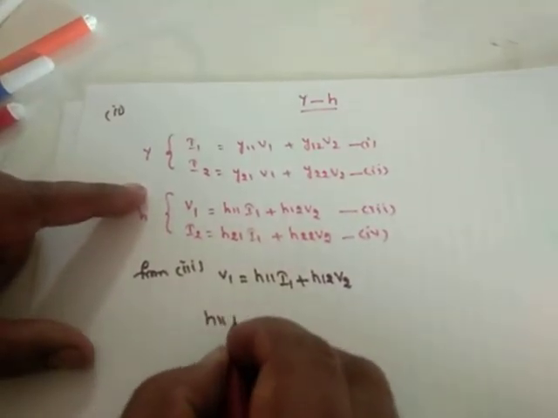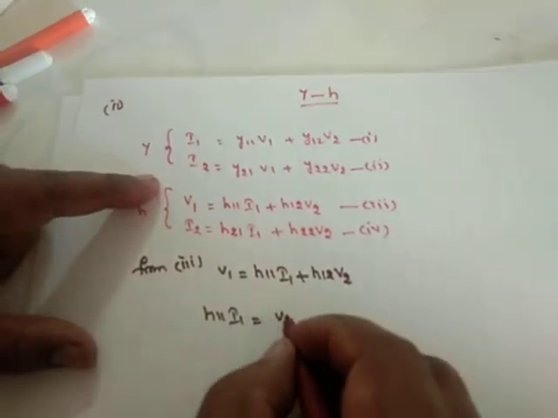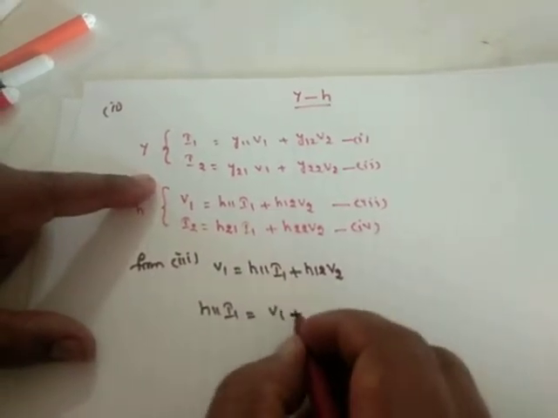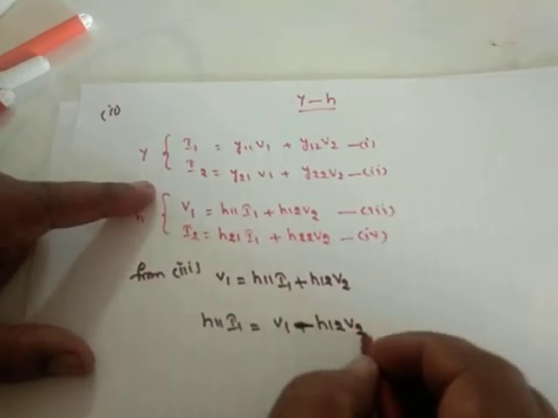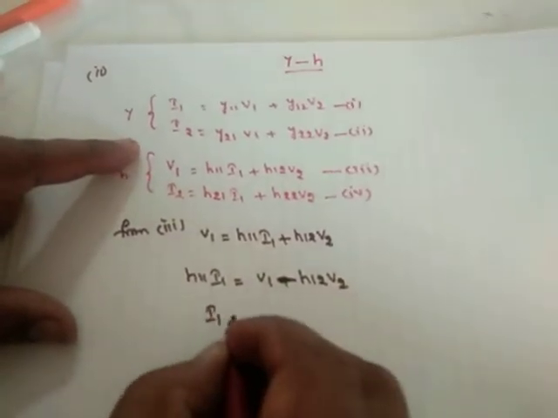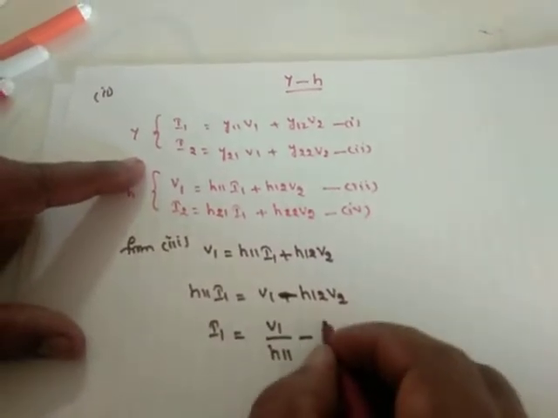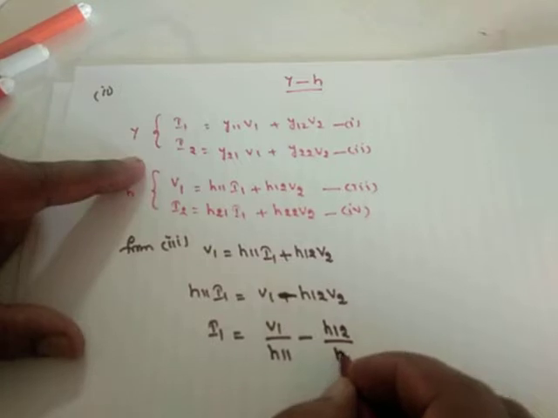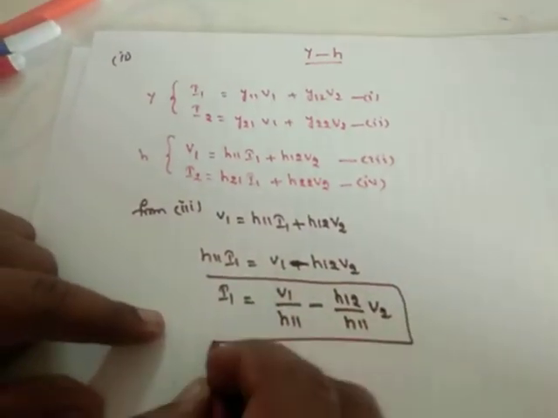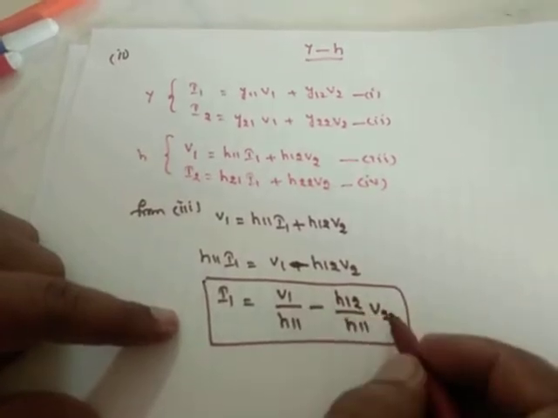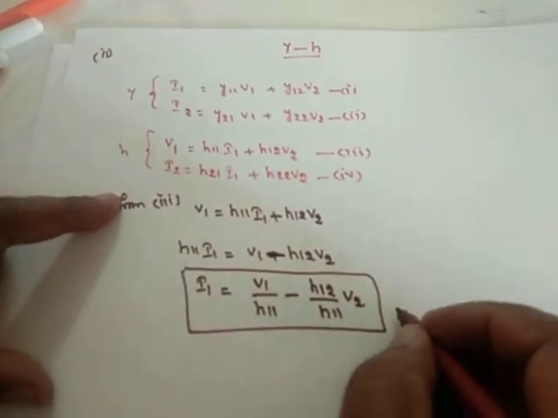From this, H11 I1 is equal to V1 minus H12 V2. From that, I1 is equal to V1 by H11 minus H12 by H11 V2. So we can express I1 in terms of V1 and V2, as an H parameter model.